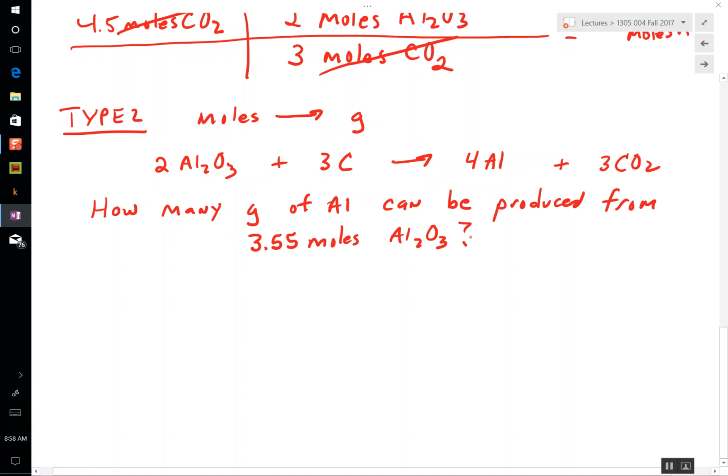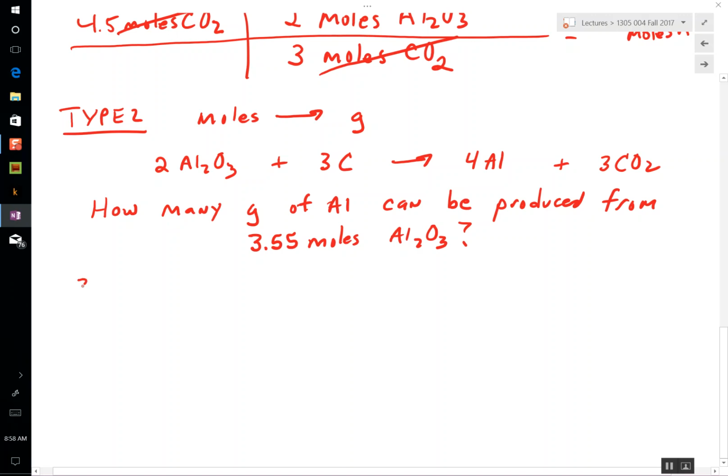Okay, I'm going from moles of aluminum oxide, and I want to calculate the grams of aluminum. That's what I want to calculate.